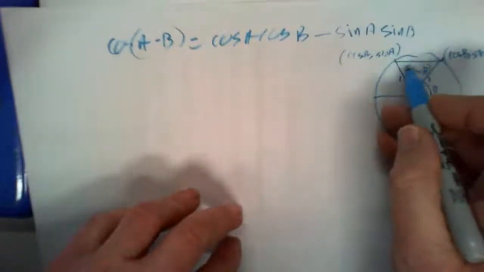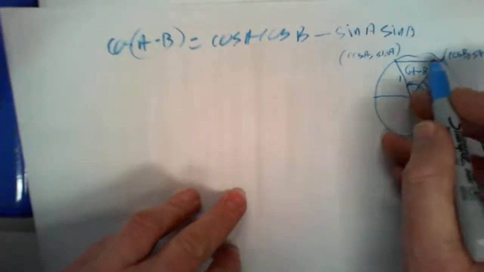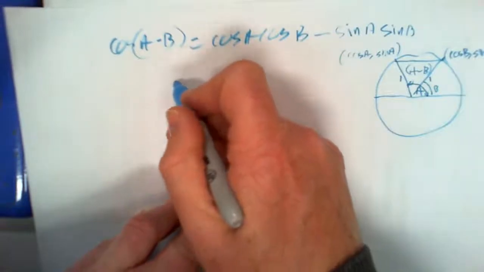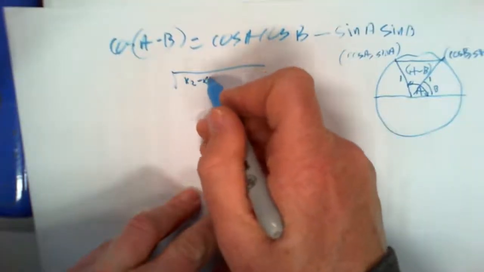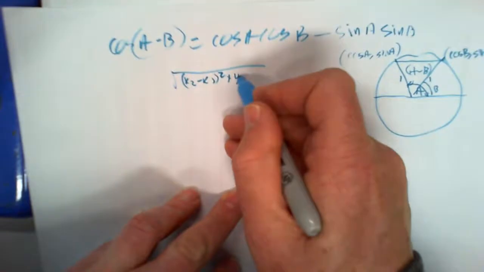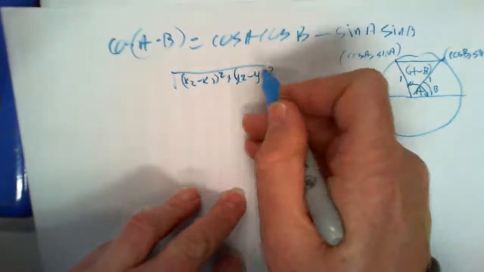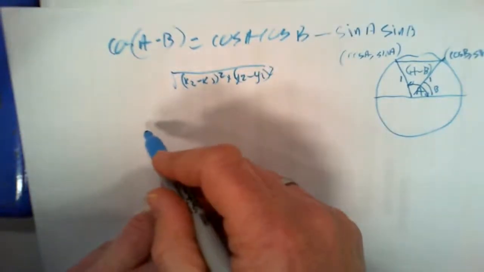The first way is using the distance between two points, which is the square root of (x2 minus x1) squared plus (y2 minus y1) squared.